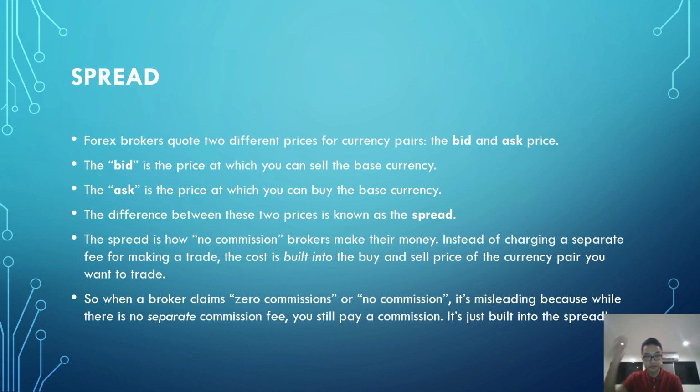So that is spread. Some brokers say that they don't have commission, but actually they charge through spread. The larger the spread, the higher the gains of the broker. But using our software, we are actually using an ECN account. An ECN account has lower spread, but the broker gets a commission per trade.